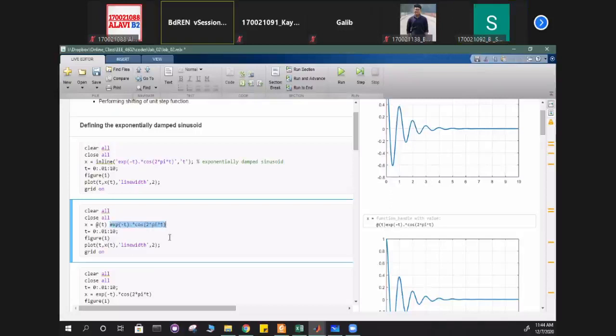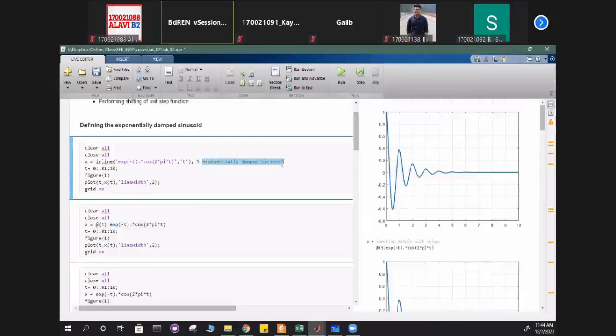Can you tell me what an exponentially damped sinusoid means? It means there will be a sinusoid whose magnitude will be decreasing, an exponential decay. When we multiply exponential minus t and cos 2πt, it will decay exponentially.